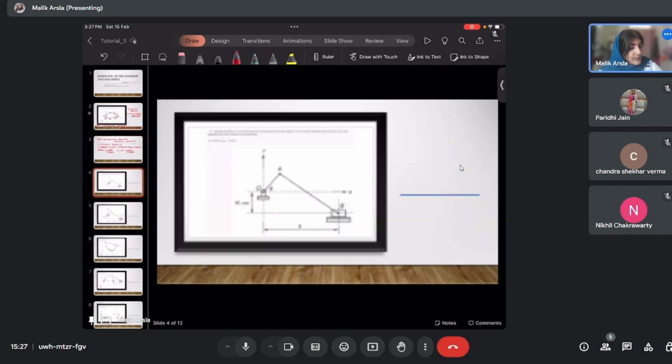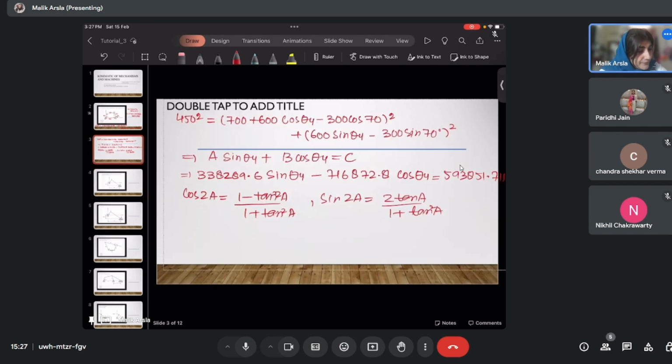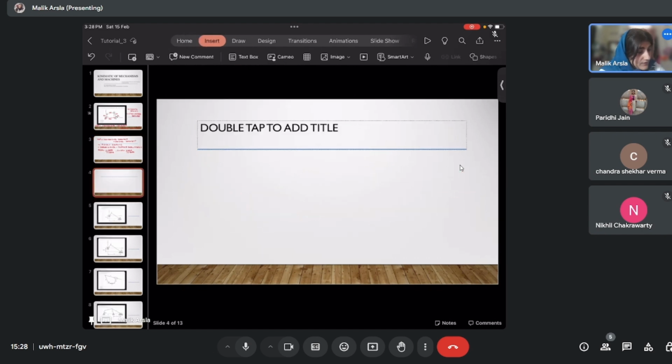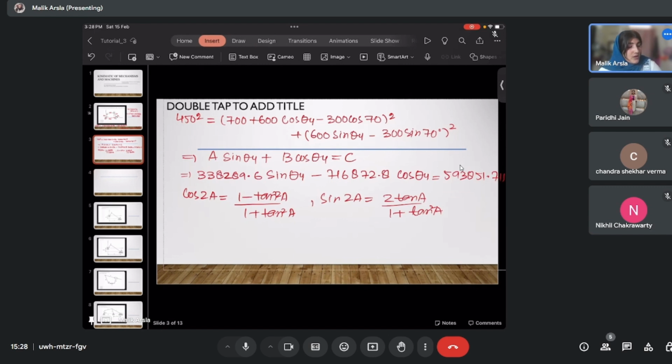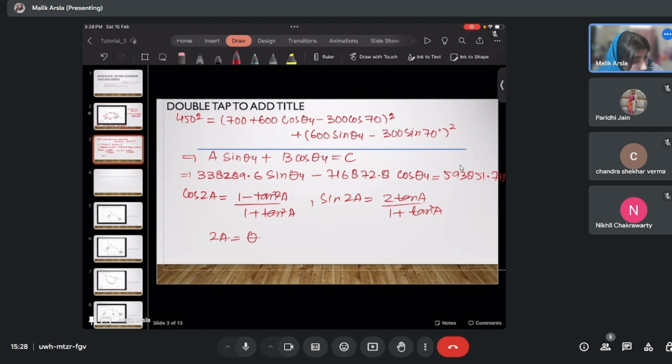So wait a minute. Let me insert another slide. So what is 2a here? 2a is equal to theta 4. Or let me simplify it in a different manner. We can consider this equation to be a sine alpha plus b cos alpha is equal to c, right?